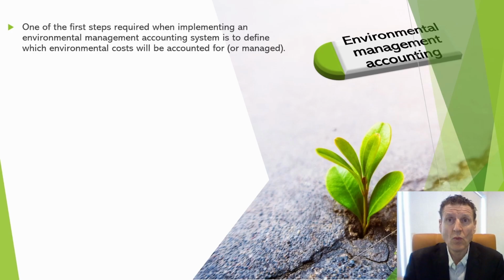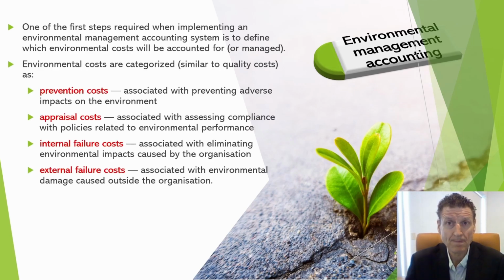So, one of the first steps required when implementing an environmental management accounting system is to define which environmental costs will be accounted for. We could categorize environmental costs in terms of prevention, appraisal, internal failure, and external failure.